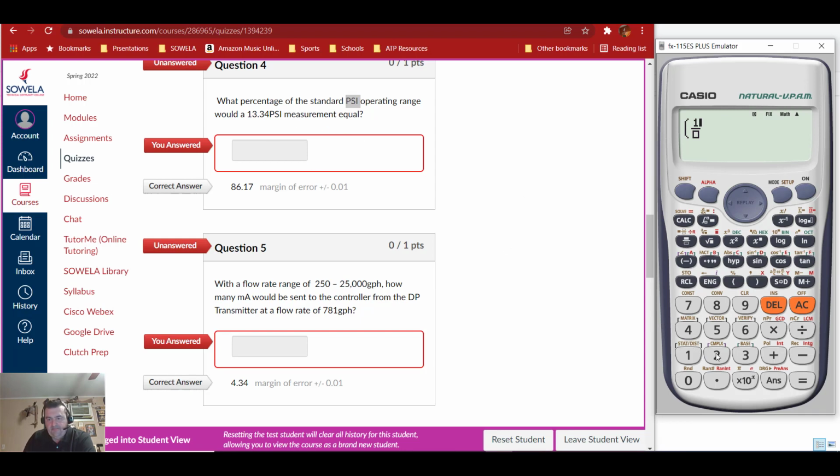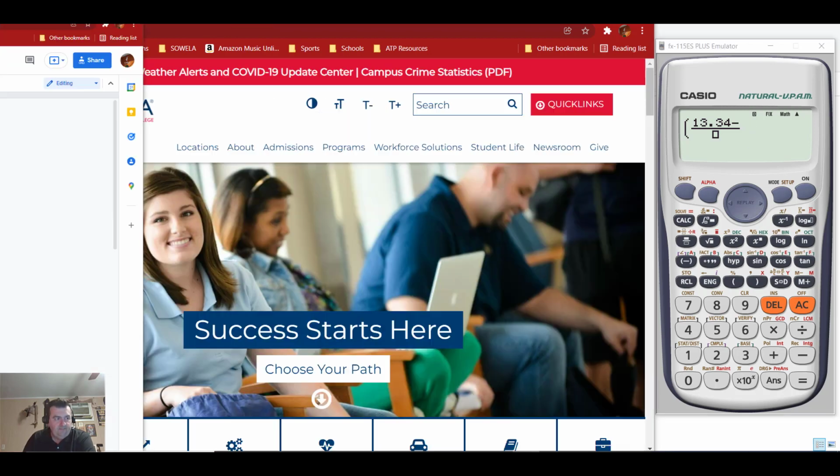We're going to put in our 13.34 minus the bottom of the standard PSI range, which is 3, over 15 minus 3, close parentheses times open.